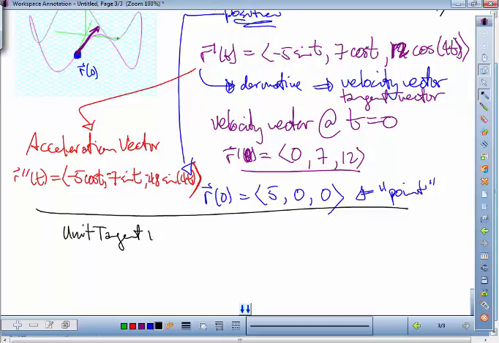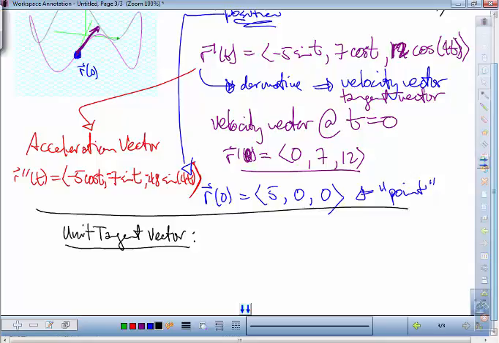So the unit tangent vector is defined to be the velocity vector made into a unit vector. Now, the velocity vector is a function of t, which means we can generalize this for any t value that we put in. So we want to have the unit tangent vector as a function of t as well.